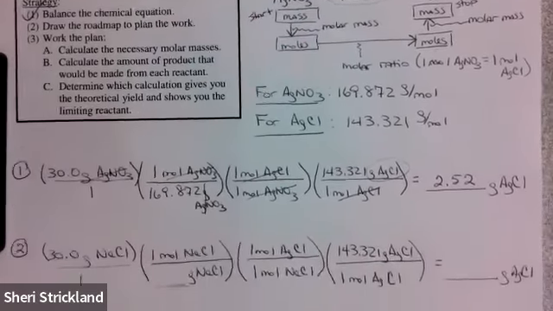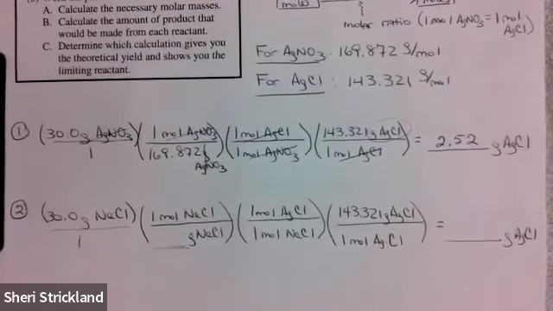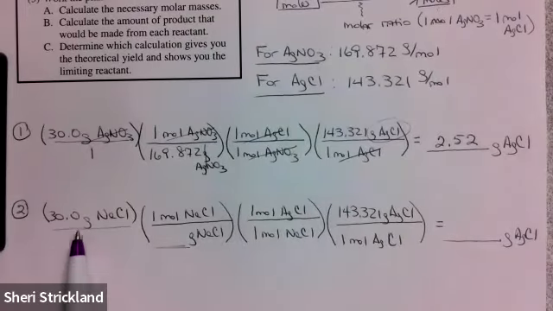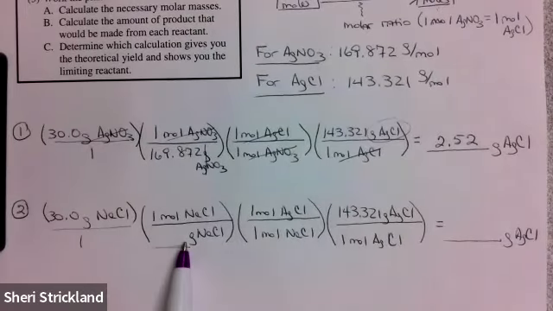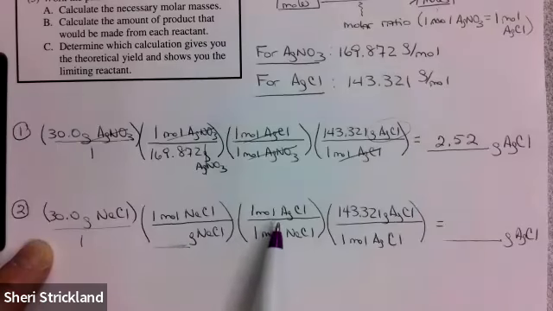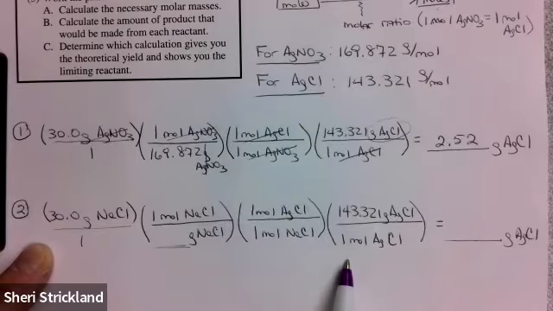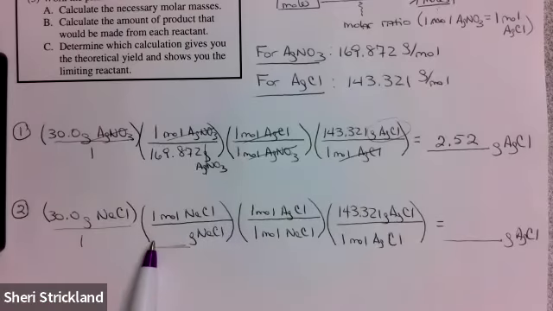I'm sorry, I'm talking to myself. Okay, so I've set up the parallel calculation for sodium chloride. It involves the molar mass of that reactant, the molar ratio between that reactant and the product, and then the molar mass of that product. So first thing I want you to do is find the molar mass of sodium chloride. So pause the video and do that, and then come on back.